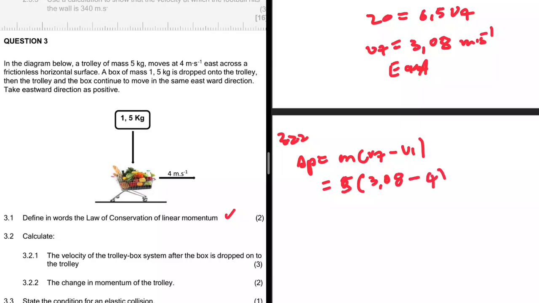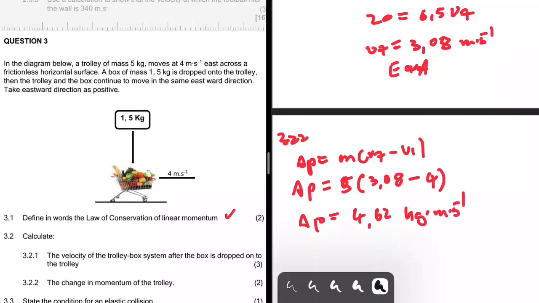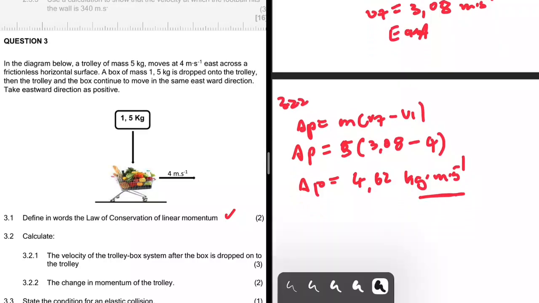It is 4 meters per second in the same direction. So the change in momentum therefore is negative 4.62 kg meters per second. Do you see the difference? When I'm talking about impulse, I use newtons multiplied by seconds. When I'm talking about change in momentum, I use kg meters per second. That's how it's supposed to be done.